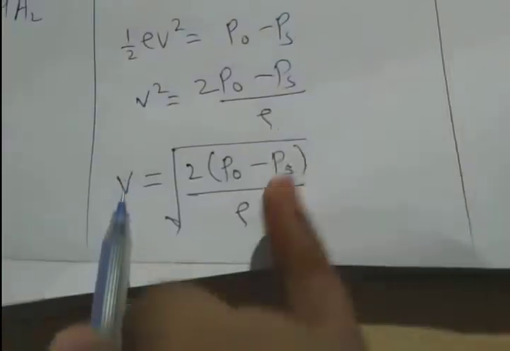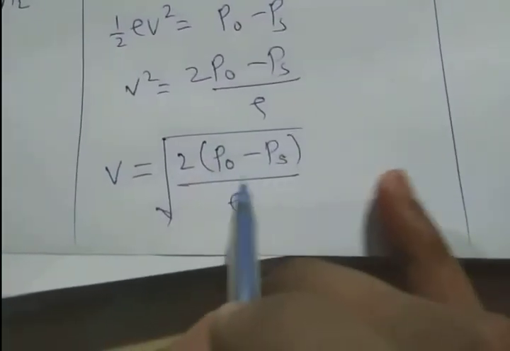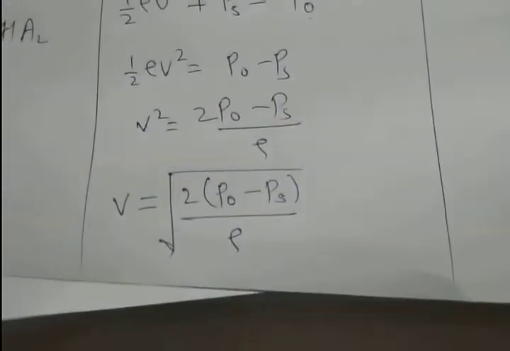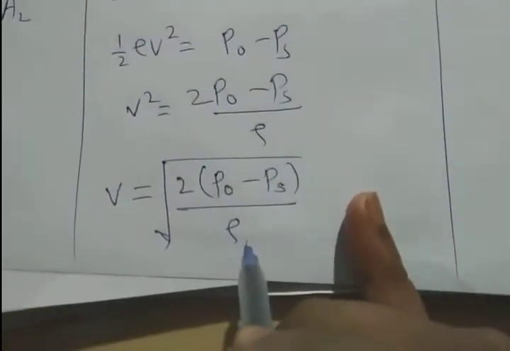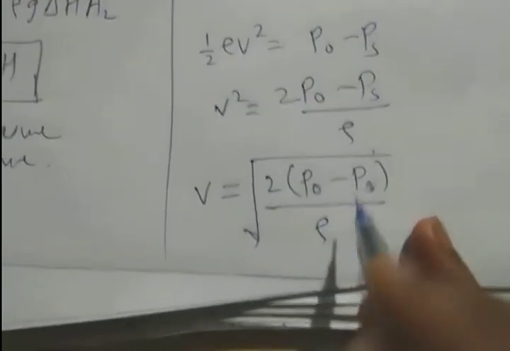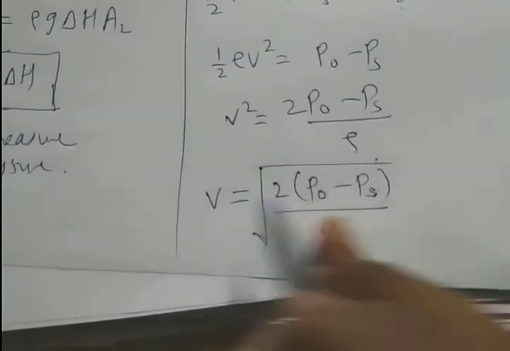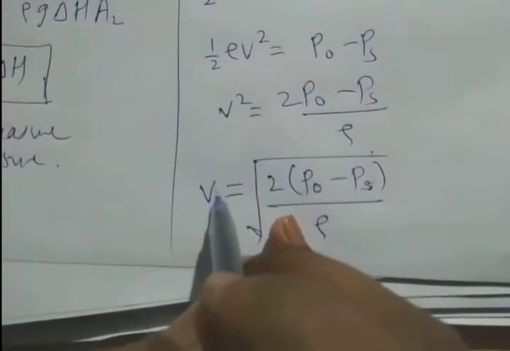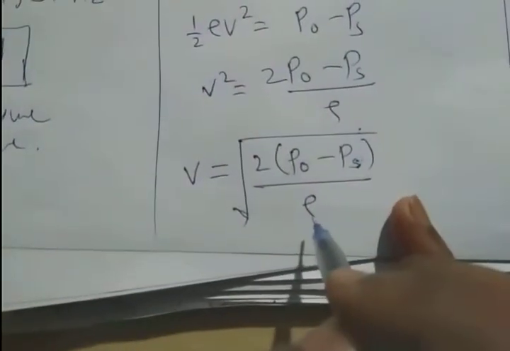From here we have V equal to the square root of 2 (P naught minus PS) by rho. So if we keep rho equal to the density at that altitude where we are calculating V, what we get will be the true airspeed.